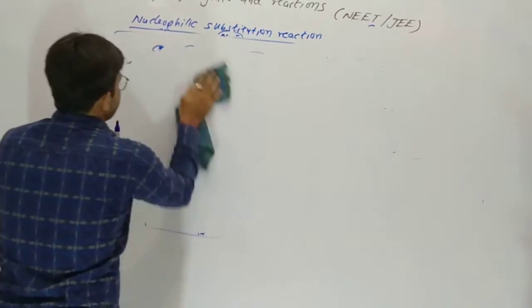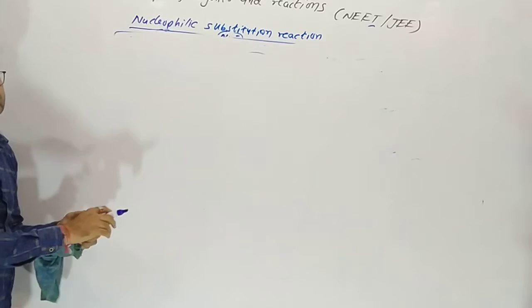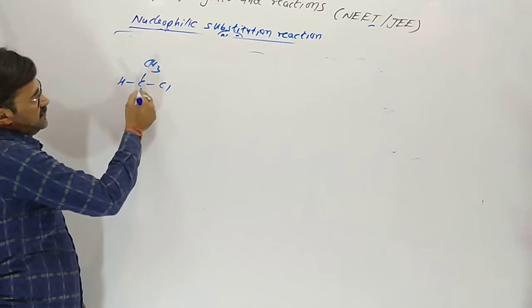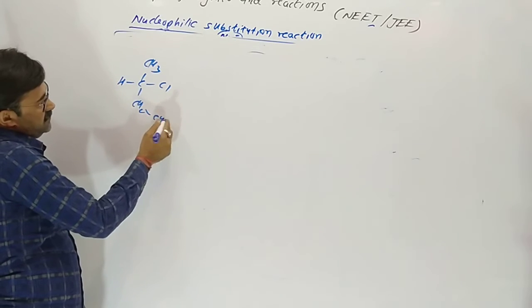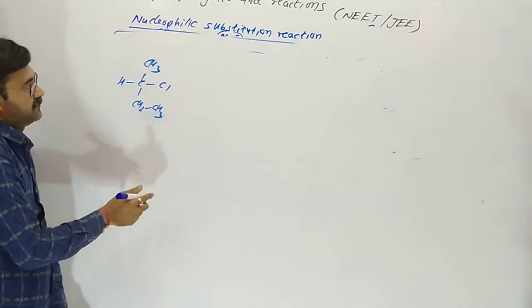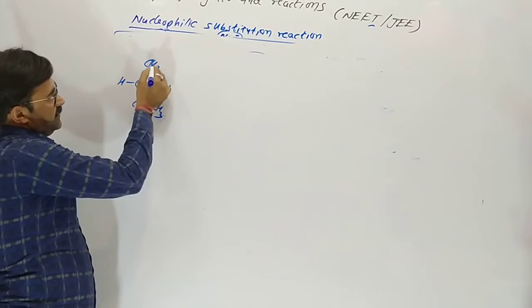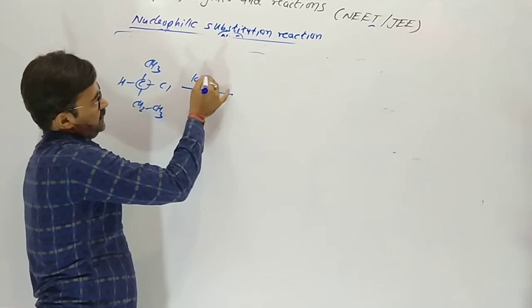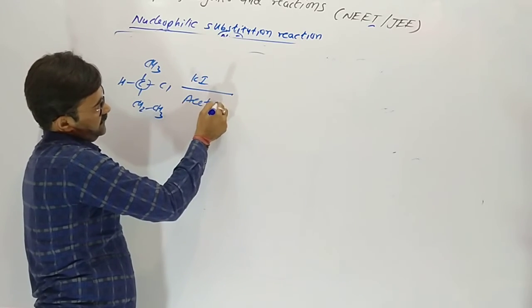Now, if KI with acetone is taken, in the secondary haloalkane CH3CHCl CH2CH3, the halogen containing carbon is attached with another 2 carbons. Reaction with KI and acetone.